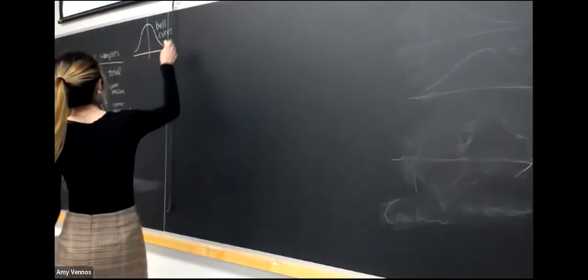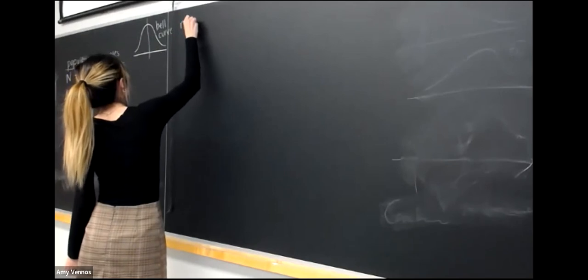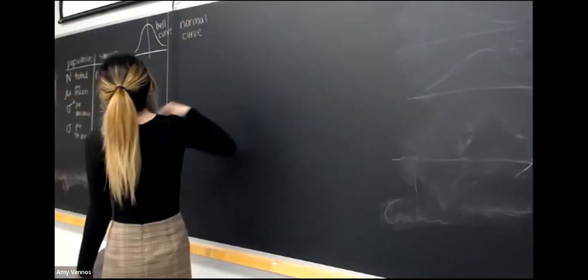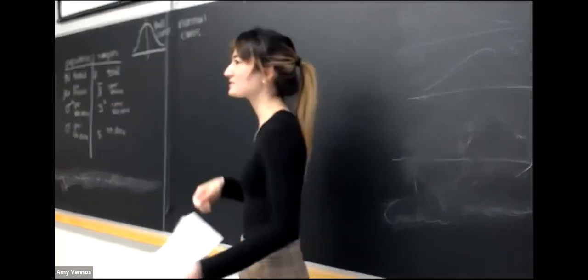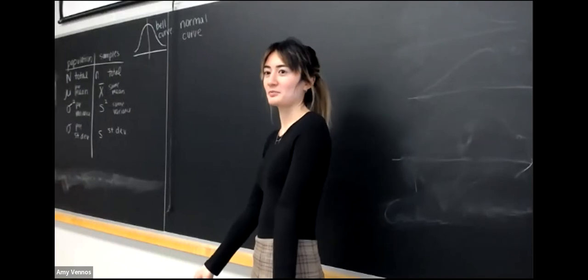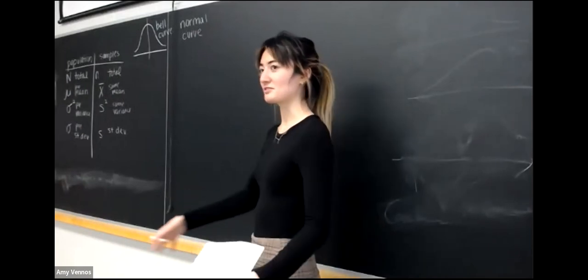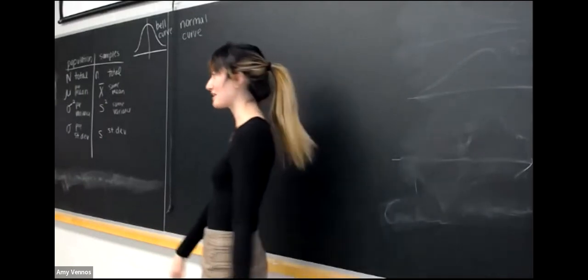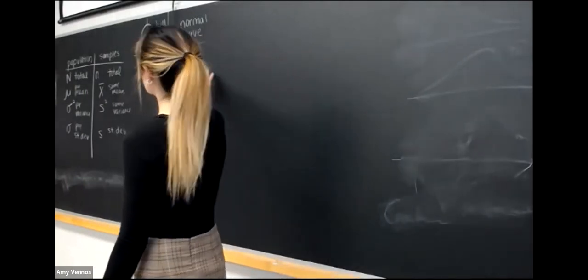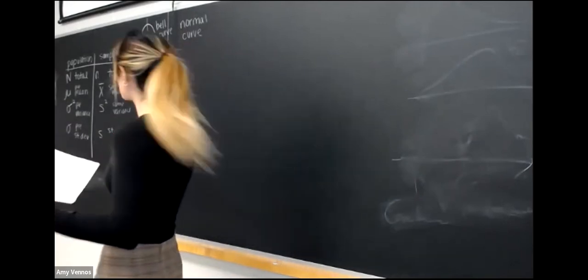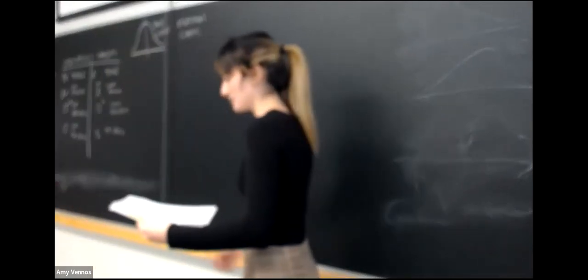We also call this the normal curve. Okay. The reason we call it a normal curve is because it's used everywhere. Pretty much any single variable that deals with a lot of different factors, like height or the temperature outside, things like that, a lot of those follow a bell curve. So it's pretty normal to see it. So normal curve, bell curve, same thing.